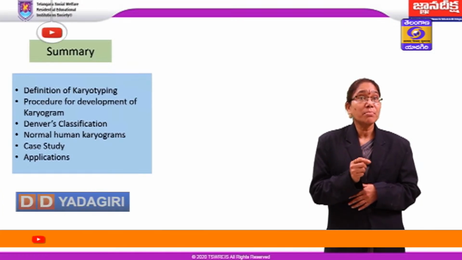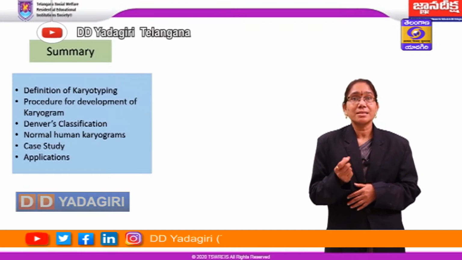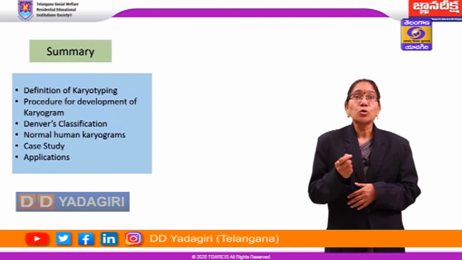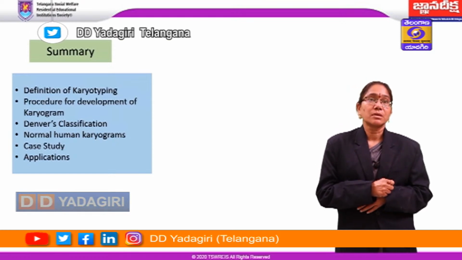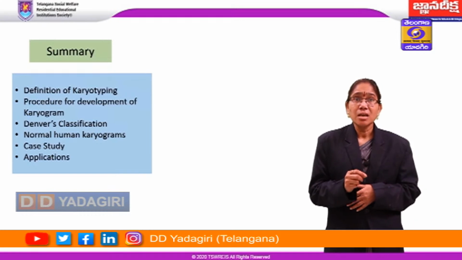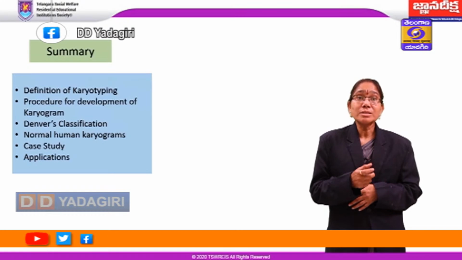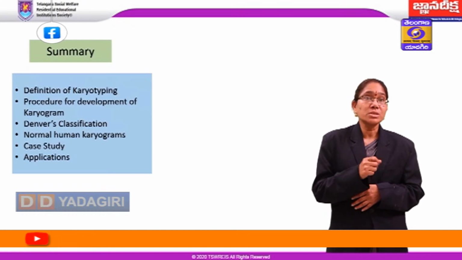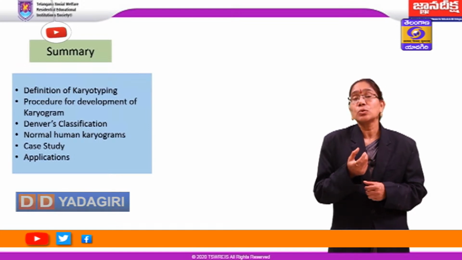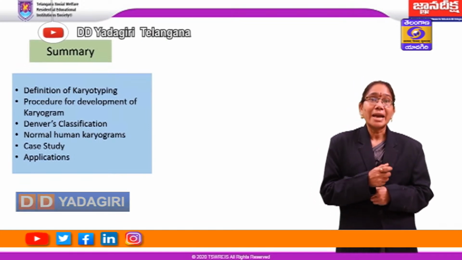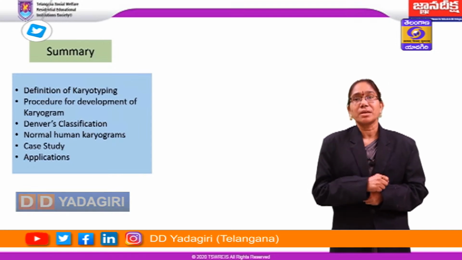Group E, short meta or submetacentric. Group F, short metacentric. And at the last, Group G has smaller acrocentric chromosomes. Then we saw normal male and female karyograms and also studied cases of Down syndrome, Klinefelter syndrome and acute myelogenous leukemia. And at the last, we learned some of the applications of karyotyping.